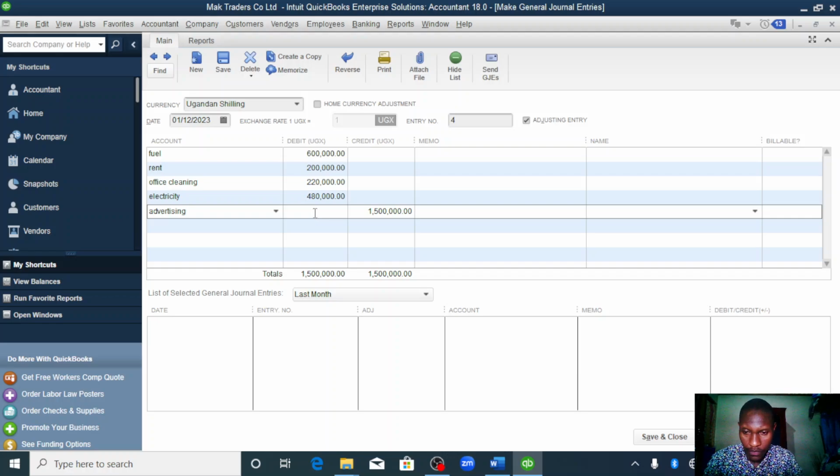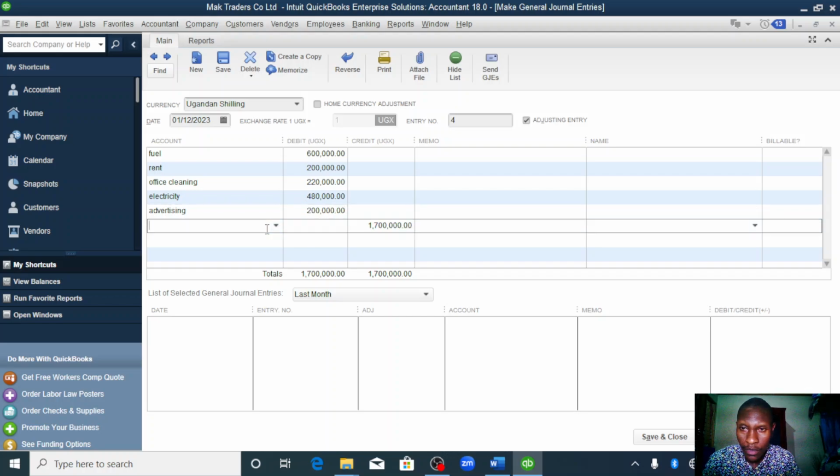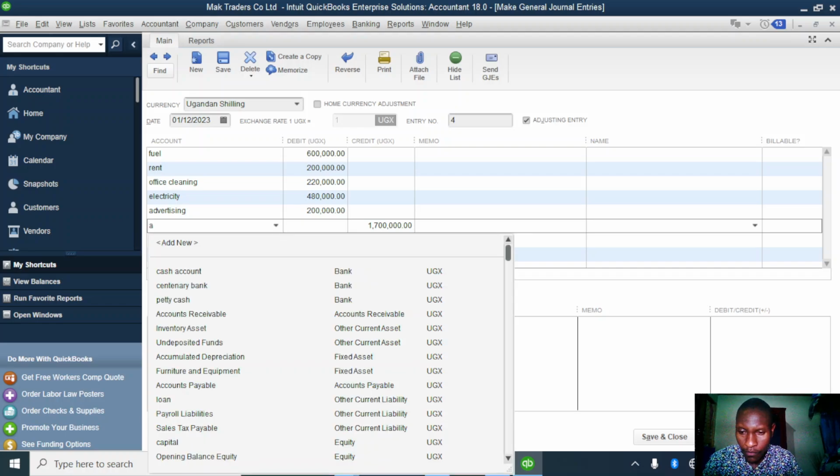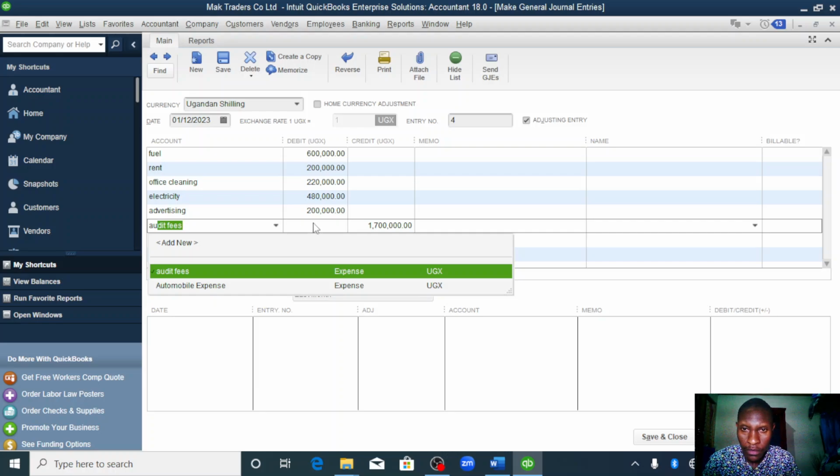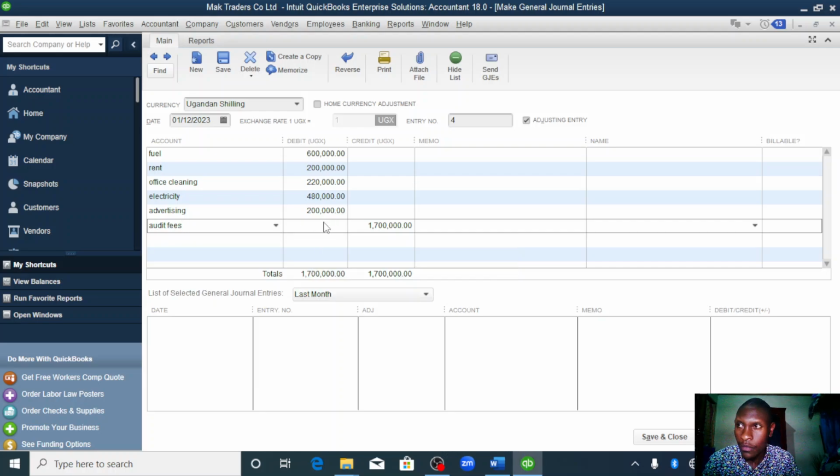It's having 200,000. We go to audit fees. It's having 200,000.